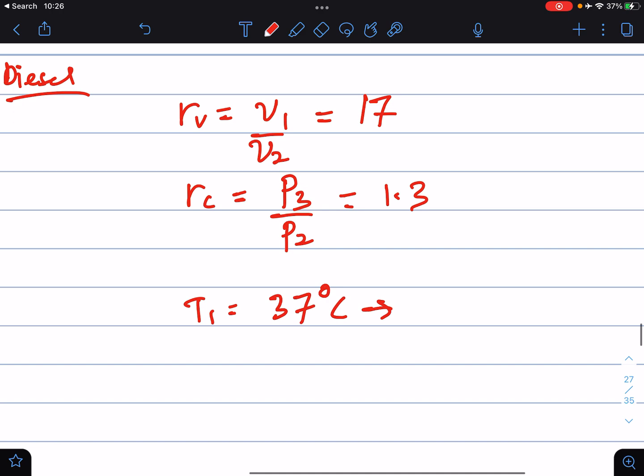The unit must be changed into Kelvin so that you can use the ideal gas equation more easily. 37 plus 273, this is equal to 300. Sorry, it should be 310.